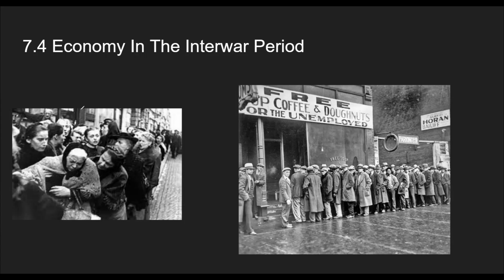This caused hyperinflation, with people not being able to pay their bills, causing starvation. This is a picture of Germany in the 1920s with many people waiting in breadlines.